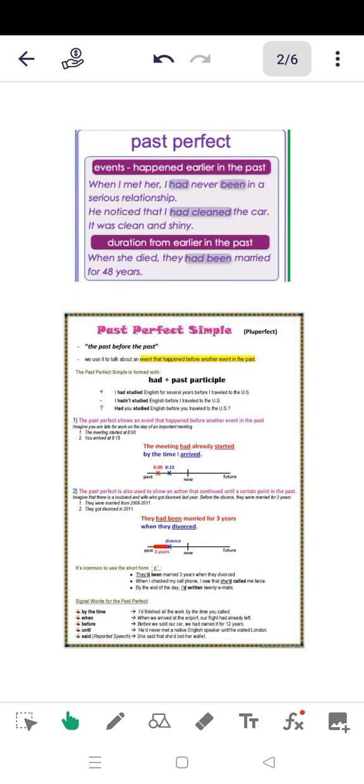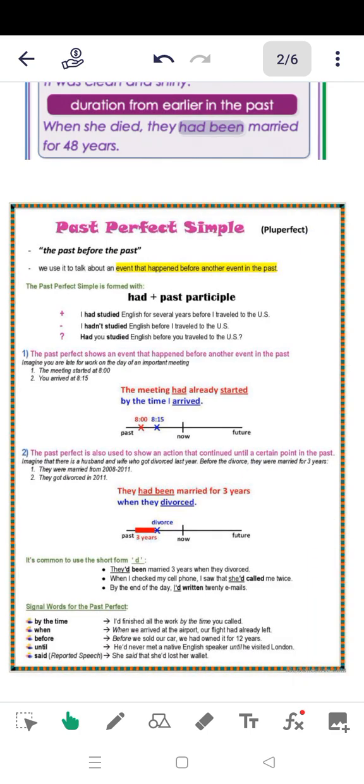So, what is past perfect simple? It is about events that happened before another event in the past. Look at this timeline. When you arrange the tenses, we put past perfect, then past simple. So, it is the past before the past. The past perfect simple is formed with had plus past participle, which is verb 3 of the verb.